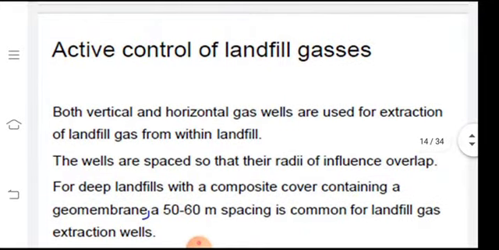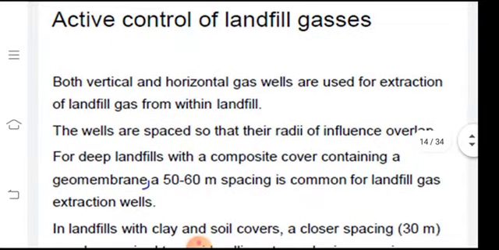So the active control of landfill gases will require the provision of extraction wells, and we need to install these wells.